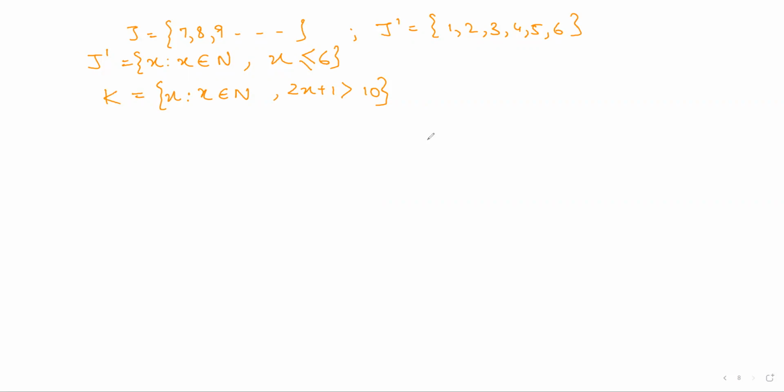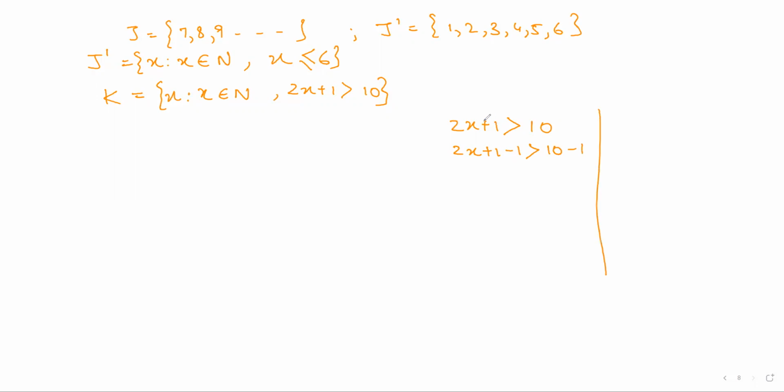If you solve this equation, 2x plus 1 is greater than 10. Now, inequality chapter comes later in this course, but inequality also you can add and subtract on both sides without changing the meaning of the inequality. So, your 2x plus 1 minus 1 is greater than 10 minus 1. I'm subtracting 1 on both sides.